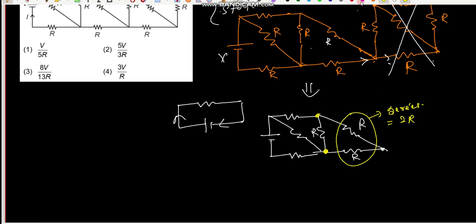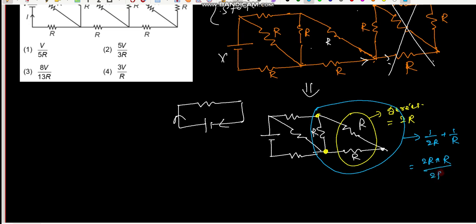Now if you go further and club this whole thing, then this R and 2R are in parallel connection. So what is the equivalent R for this one? It will be 1 by 2R plus 1 by R, or you can simply write it as 2R into R divided by 2R plus R. So this is going to be 2R by 3. This is the equivalent R for this one.